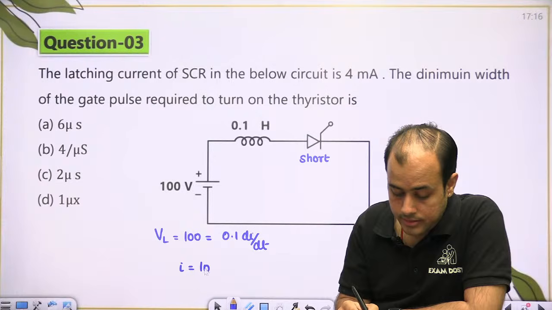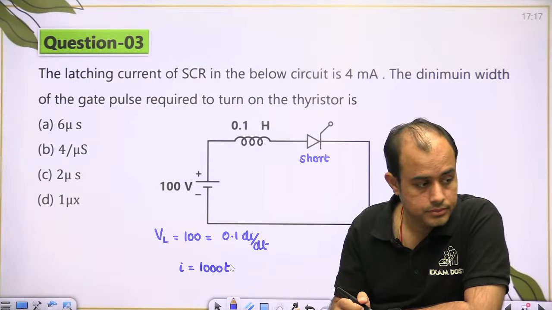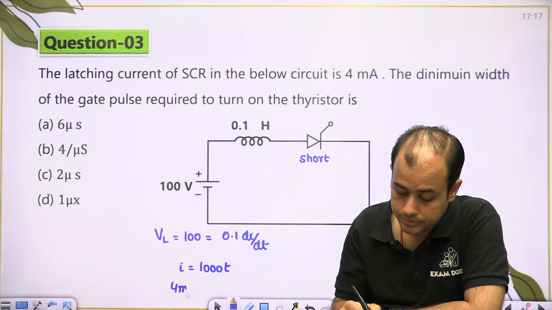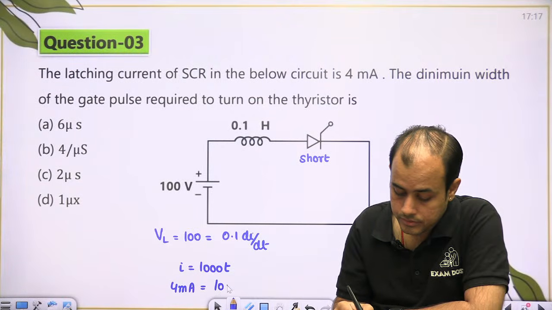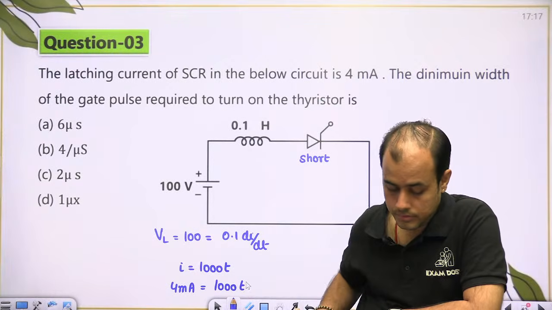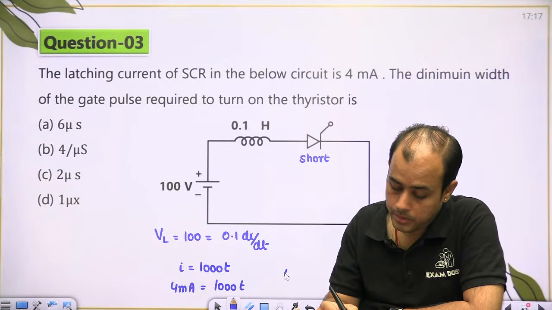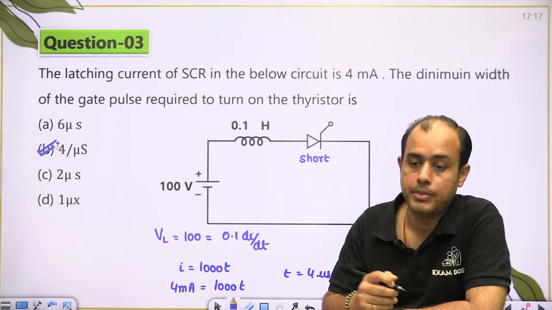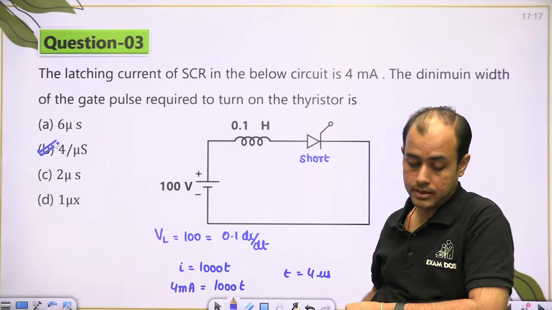When you integrate, current is 1000 t. So t will be 4 microsecond. Okay? t is 4 microsecond.